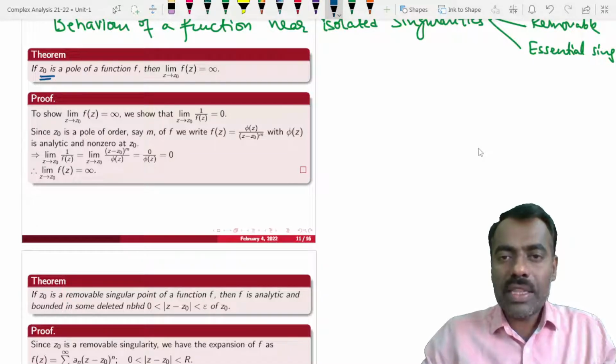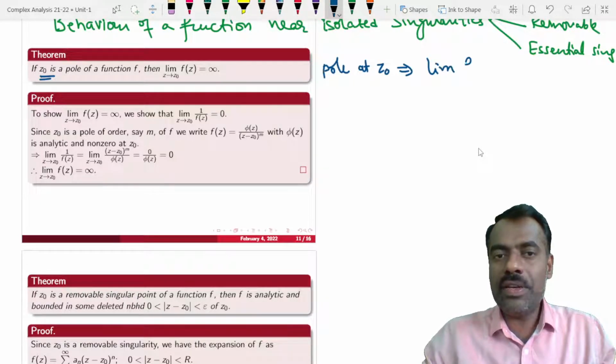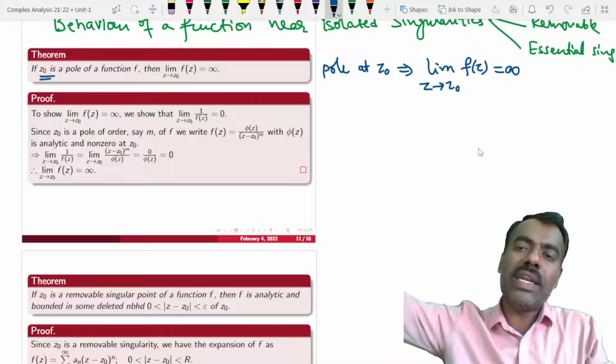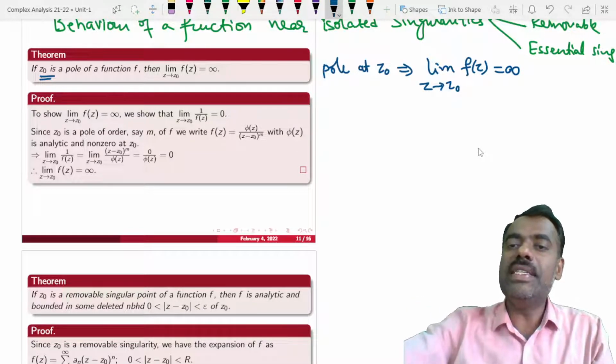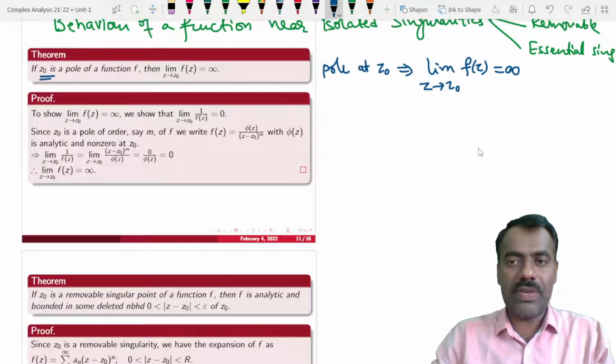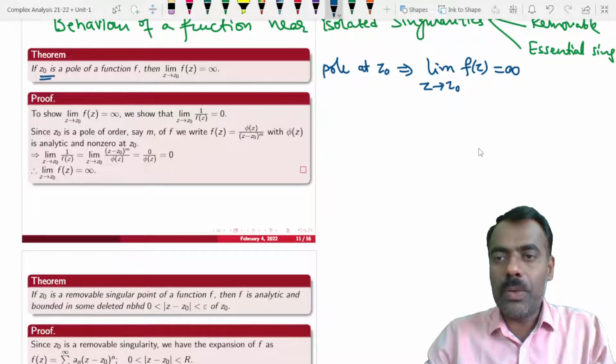If we have a pole at z naught, this implies that the limit of f of z as z tends to z naught is infinite. That means f approaches the point at infinity when z is near the pole. It is not at all difficult to prove.